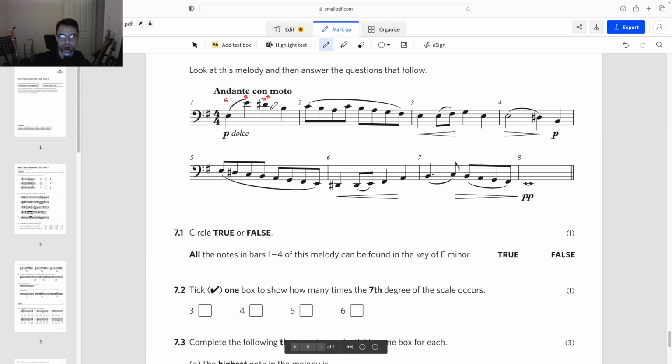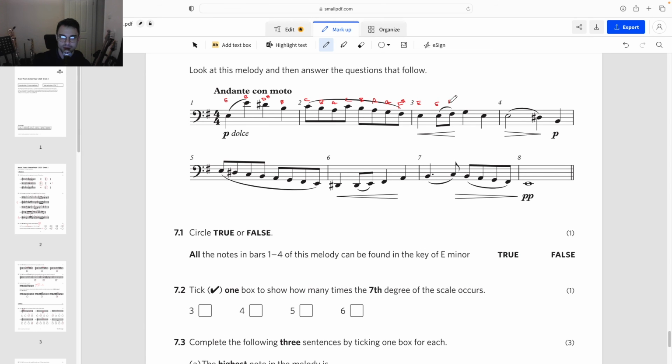and keep naming notes. Right, what's this? That's a B. That's a C. B. A. C. B. A. G. F sharp, because we've got it in the key signature here, F sharp.